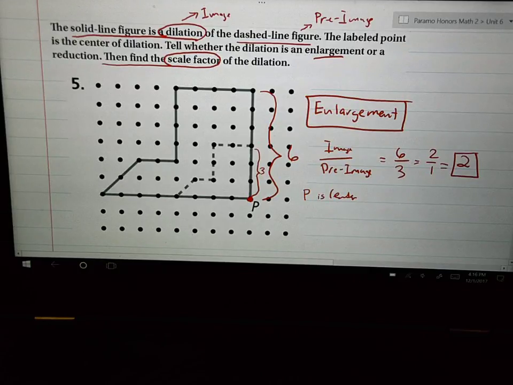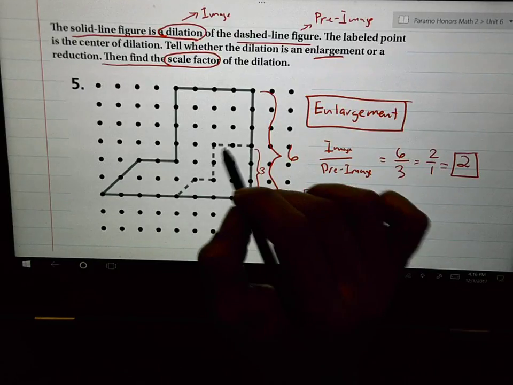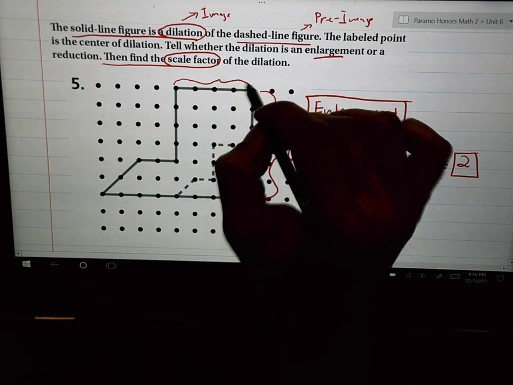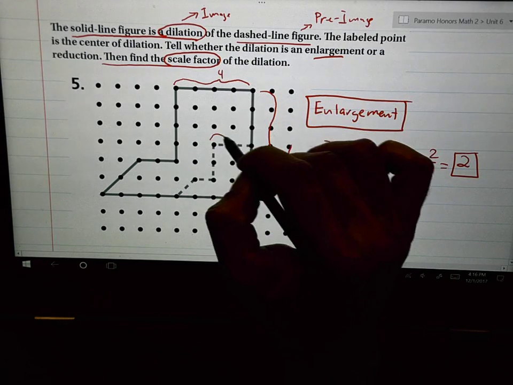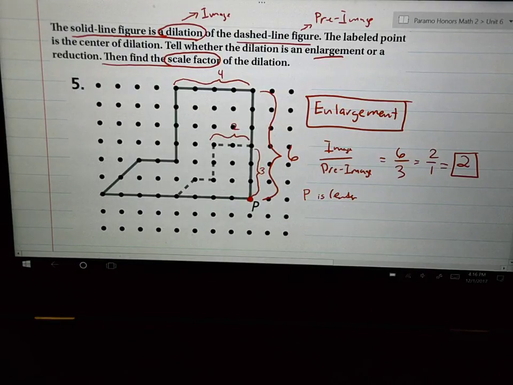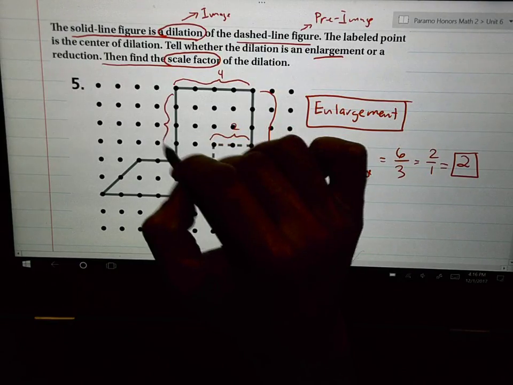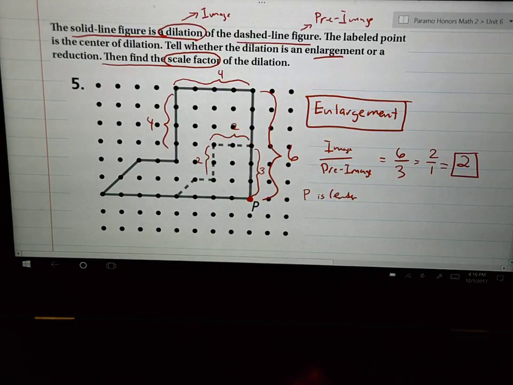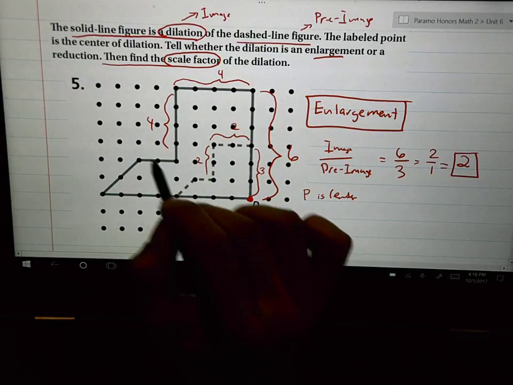Now let's just say that I go, hey, is that right? I could double check. I can check and see if this 4 is double this. Is it? Or we can check here, 4, and check here. Is that double that? Is this 2?